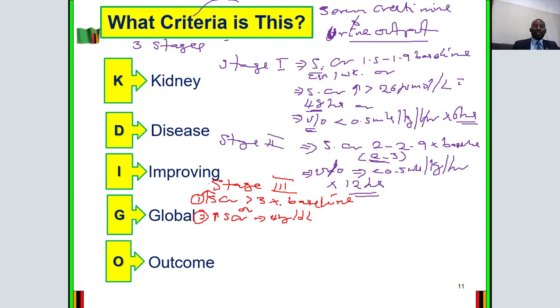That simply means that it is about 353.6 micromole per liter.